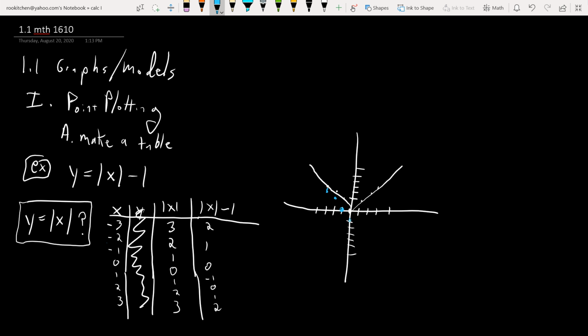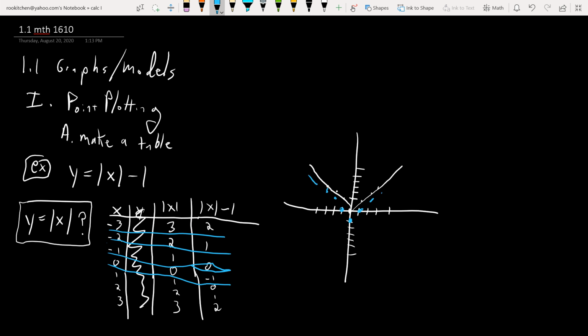I think it's -1. So if I'd made my table a little better, that would have been easier. Sorry about that. Yeah, that one goes there. And then 0 goes with -1. Okay, and then 1 goes with 0, and then 2 goes to 1, and then 3 goes to 2.